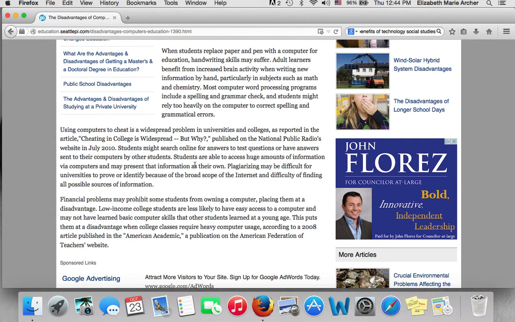Plagiarizing may be difficult for universities to prove. I'm not so sure about that one. I'm pretty sure if you suspect a student of plagiarizing, you can just type whatever they have put in their paper into Google, and most of the time it'll come up. That being said, you have to know your students, though. If Johnny turns in something that is way above the level that he normally turns in, that's a red flag there.